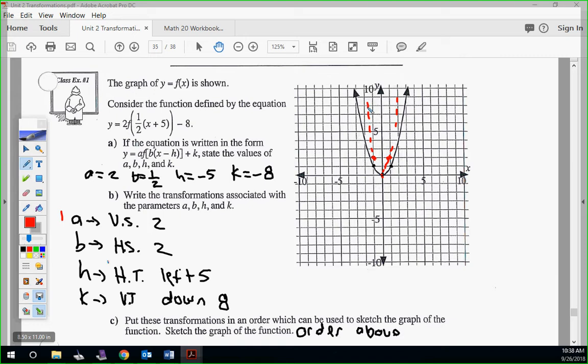The horizontal stretch is going to make it wider. The horizontal stretch is a little interesting because it's nice to use x-intercepts, but if it's 0, that's not going to move at all. So you might want to use these other points instead to stretch it out. If the point is at 1, it's going to be here. I'll do the stretches in red.